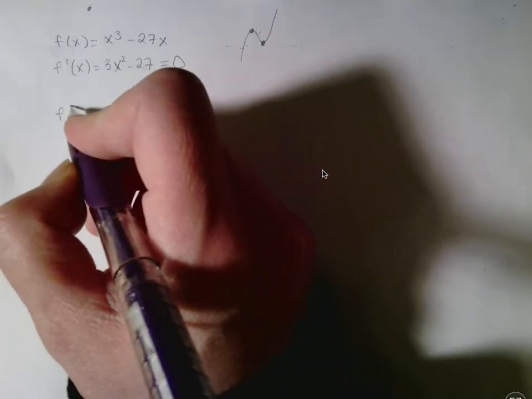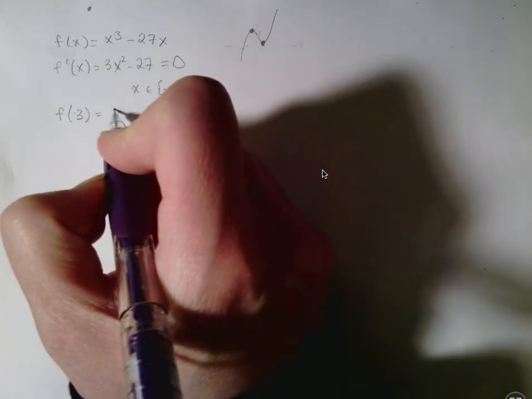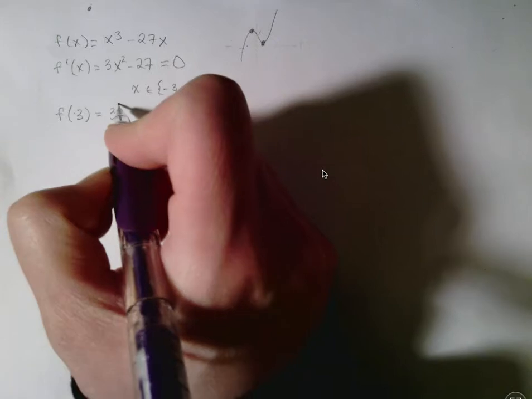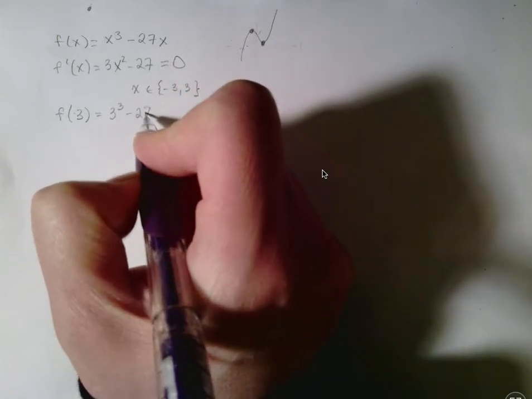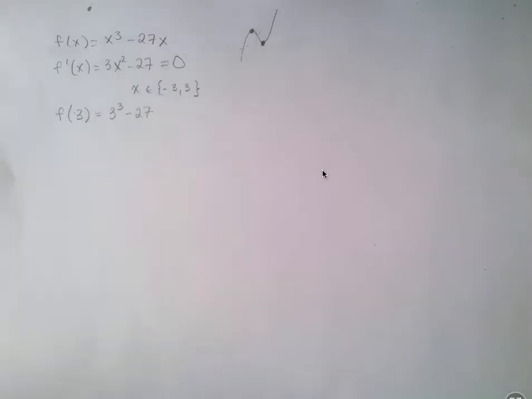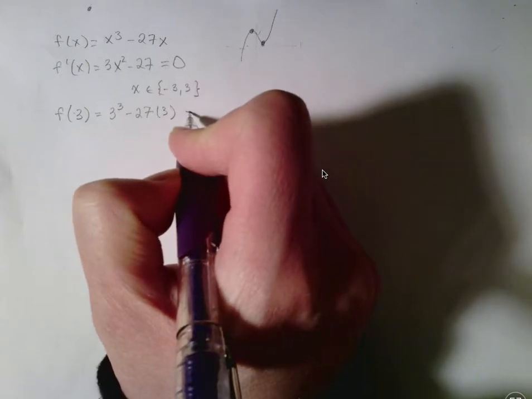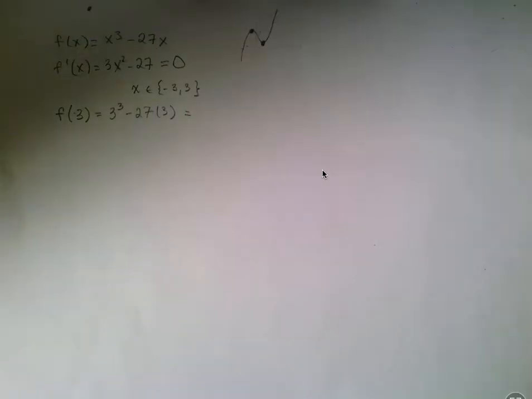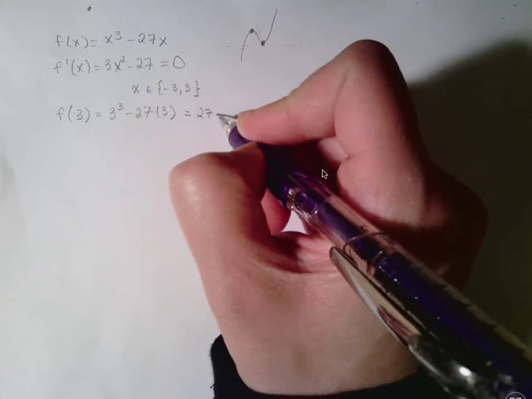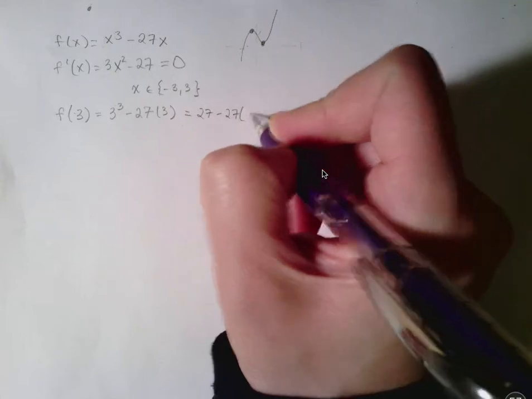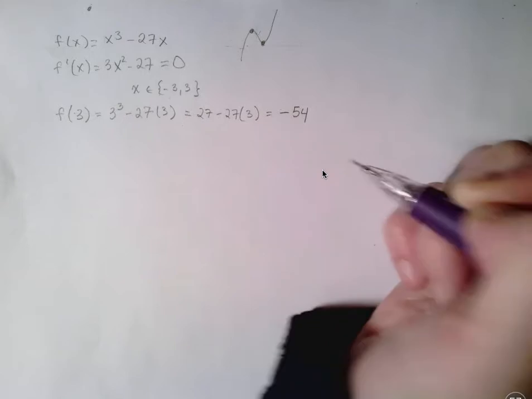Let's see what the y value is. f of 3 is 3 cubed minus 27 times 3, equals 27 minus 81, which is negative 54.